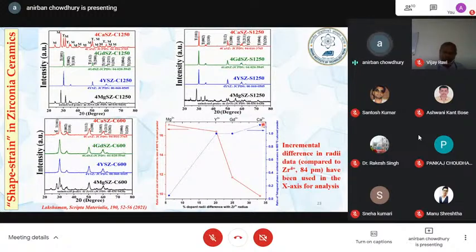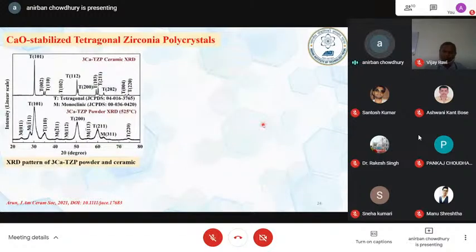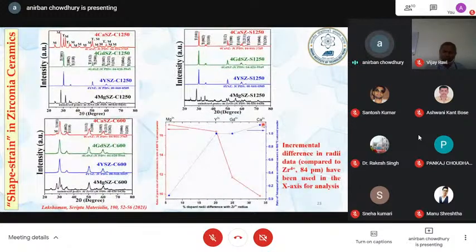So we understood that out of all our processes, calcia became stabilized because of this method. So then this 4% or 3%. Now, if you see the calcia-doped zirconia ceramics, previously people were doing it at 8% and 16%. We are just doing it at 3 or 4%.